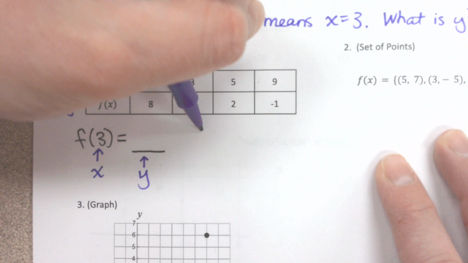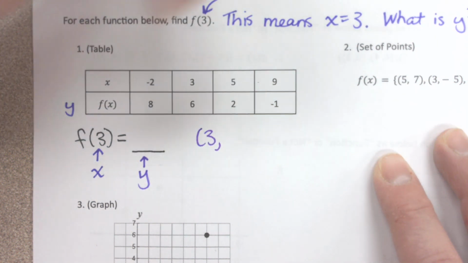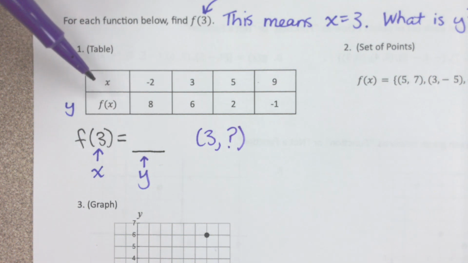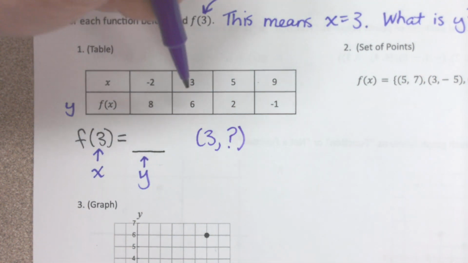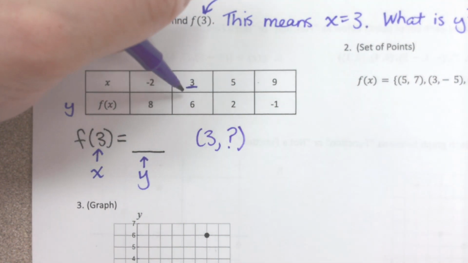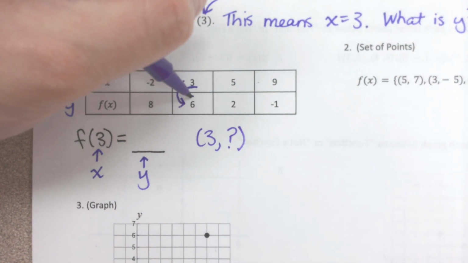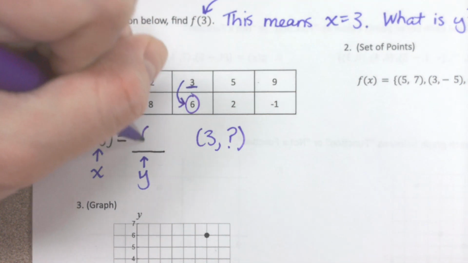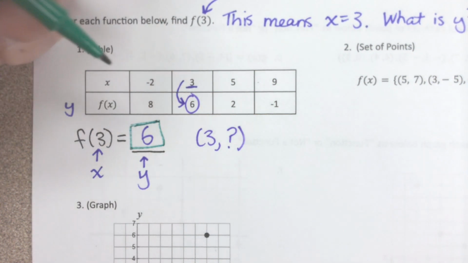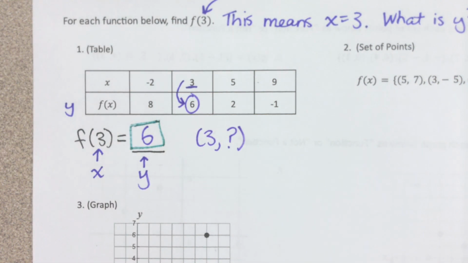Another way to put this is we have half a point. We know that x is 3. We're trying to find y. So we go to the table. We go to the x's. We find 3 in the x values. And then we see what the y value is. The y value is 6. So 6 is our answer. And that's it.